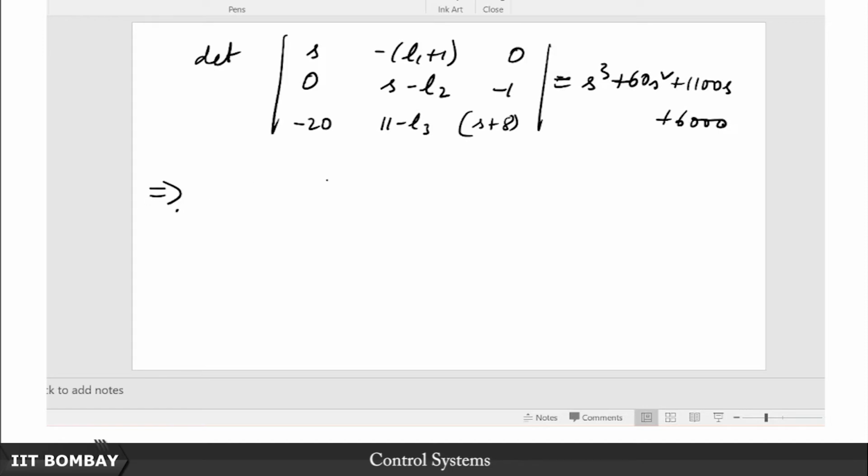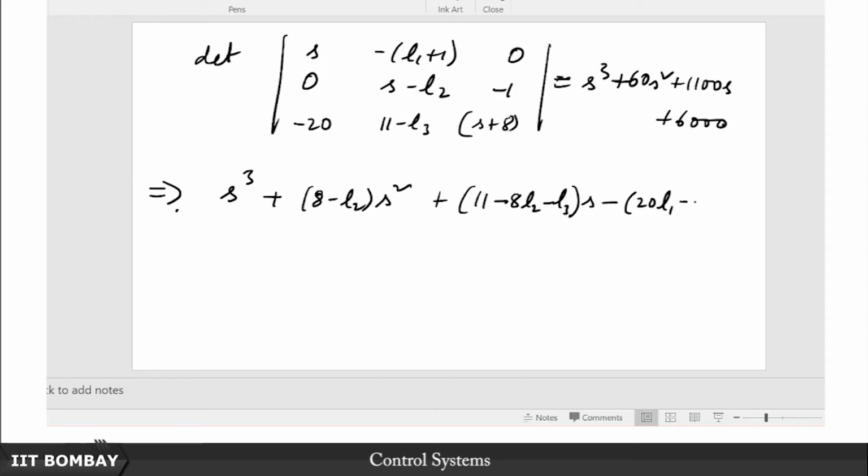If you do a little bit of calculation and simplification like I did, you would get 8 minus L2 times S squared plus 11 minus 8 L2 minus L3 times S minus 20 L1 plus 20, that must be equal to S cubed plus 60S squared plus 1100S plus 6000.